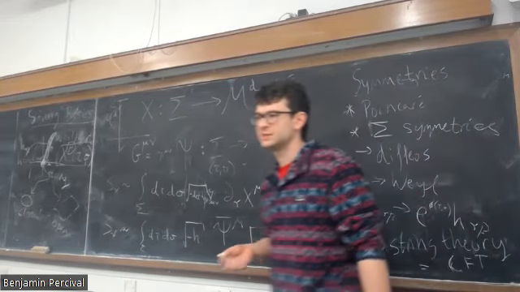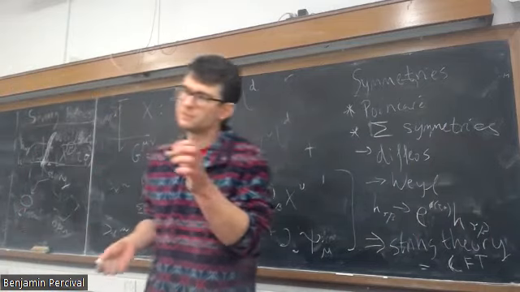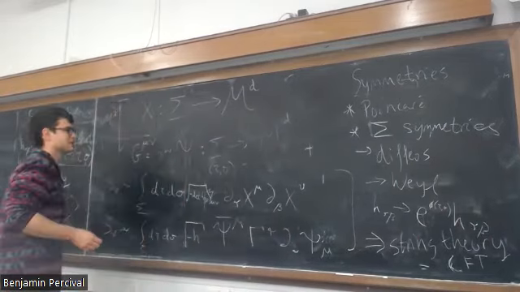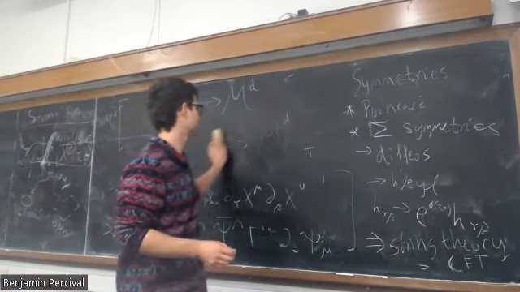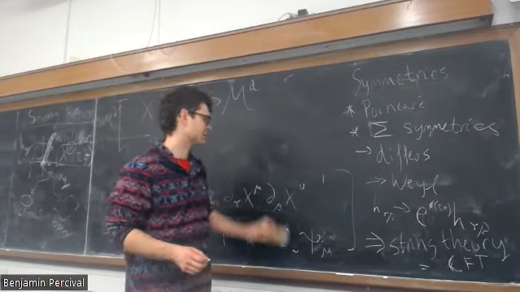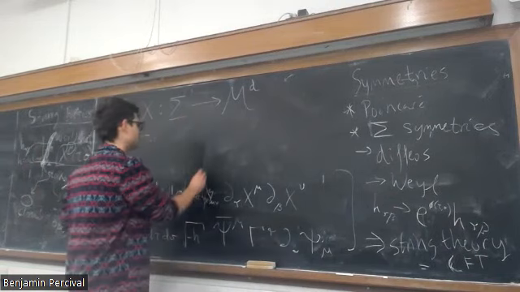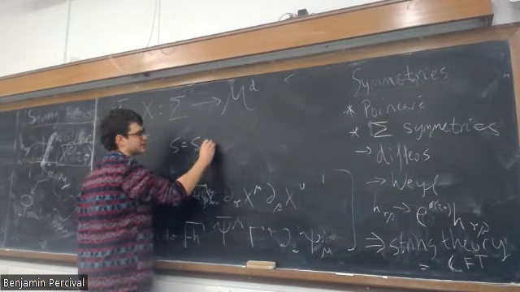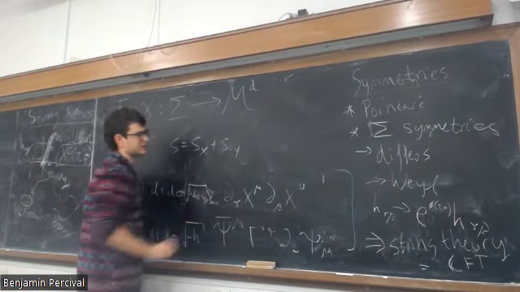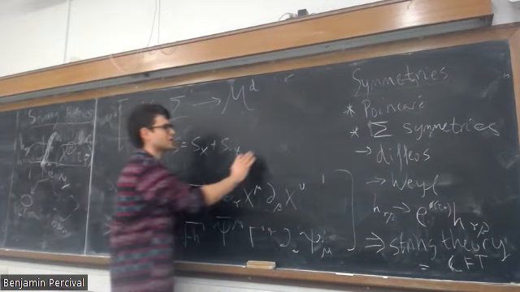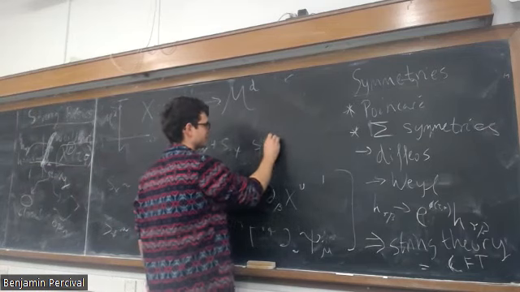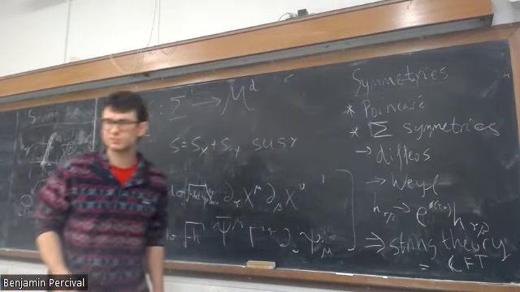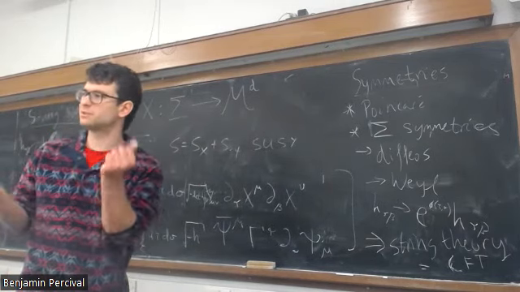I won't write it all down, but if S is S x plus S psi that I wrote here, then it's supersymmetric, SUSY, and in particular there are transformations between the x and the psi.